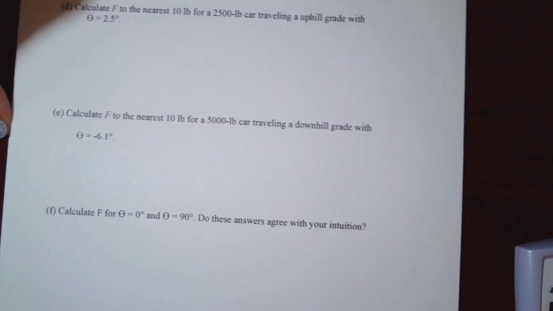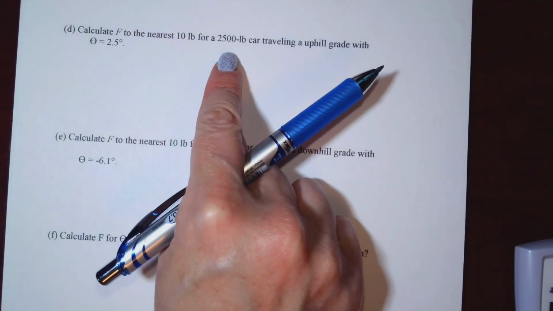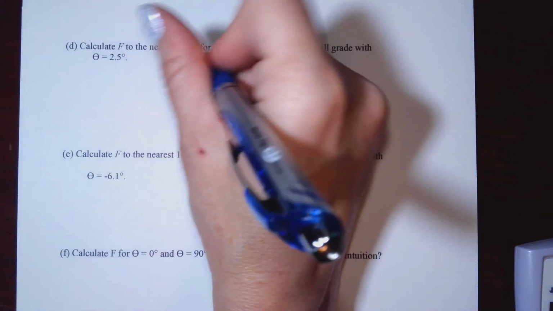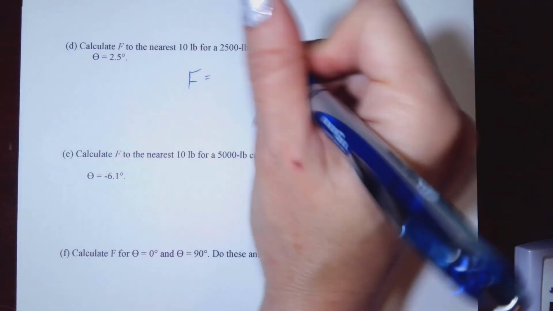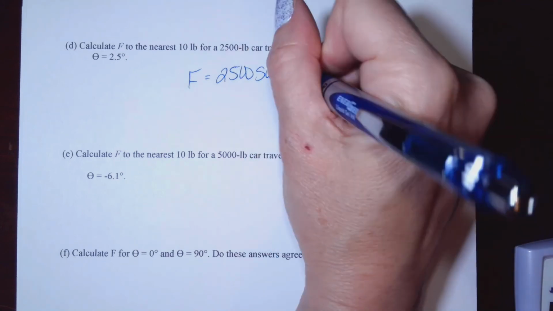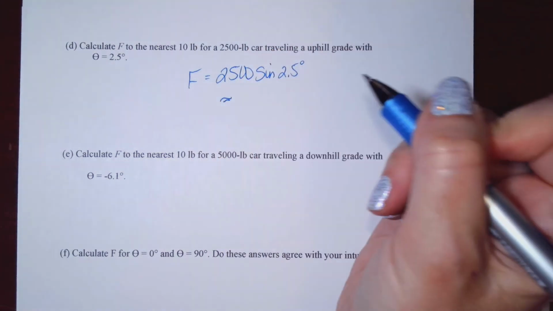We're going to calculate force to the nearest 10 pounds for a 2,500 pound car moving uphill. So that's my angle, my grade. I'm going to kind of work through these. I encourage you to pause the video and then come in and check and make sure you got the right value.